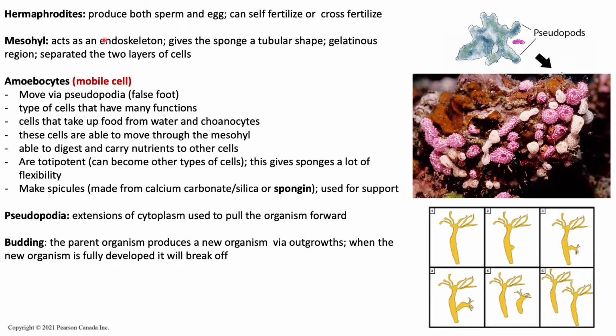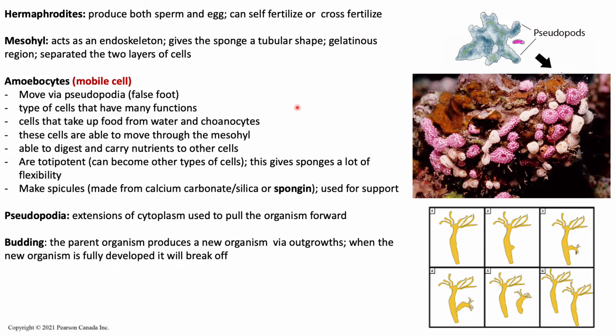Once again, hermaphrodites simply means that the organism is able to produce both sperm and egg, and it can self-fertilize or cross-fertilize. So if that organism is very isolated from other fellow organisms, it will self-fertilize so it is able to reproduce. But if there are neighboring organisms, the first organism will produce sperm, and that sperm may swim to the other organism, and we'll see cross-fertilization.